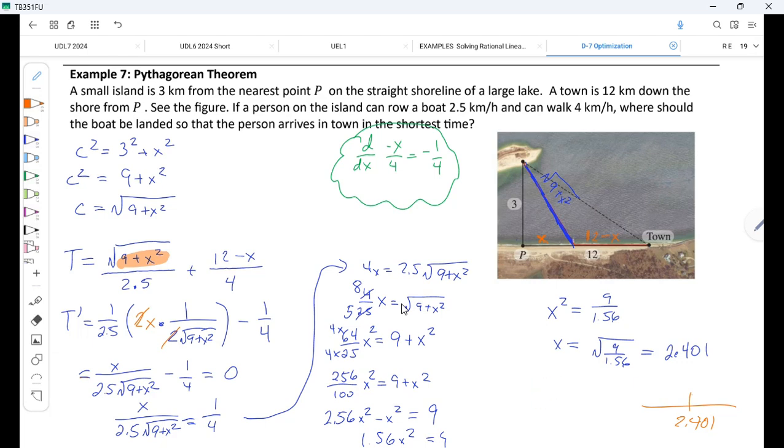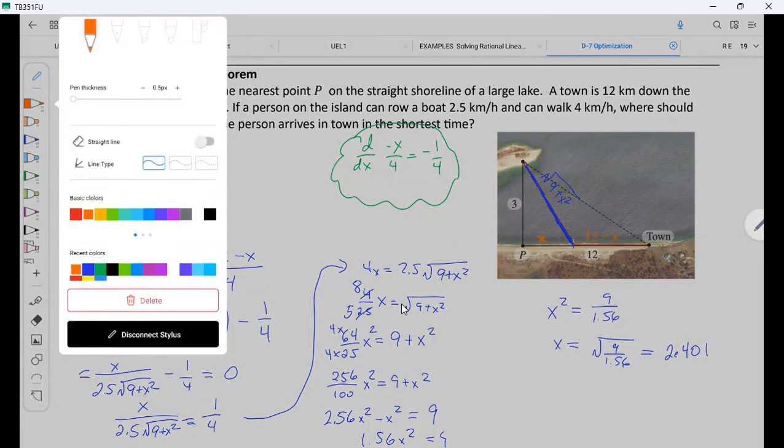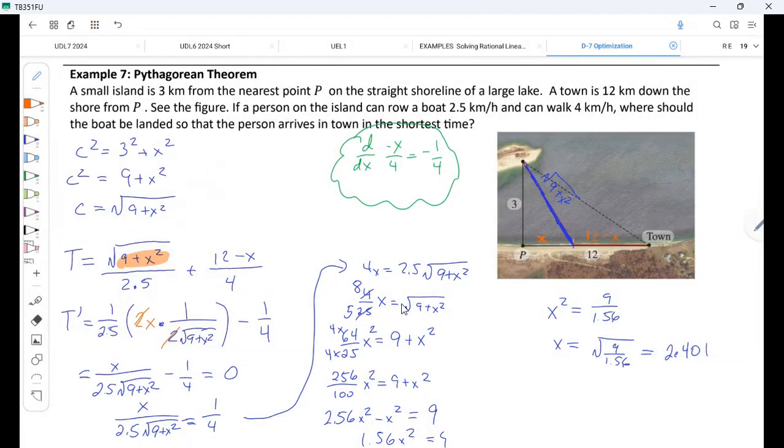I mean, actually, here's what we could do. Instead of the sign chart, I'm looking at the derivative, and this derivative is not something that I can easily make a sign chart out of, right? So let's do EVT. Let's make a table. Let's find the time it would take for x is 0. That's one extreme case where you literally boat the 3 kilometers straight down and then walk the full 12 kilometers to town, right?